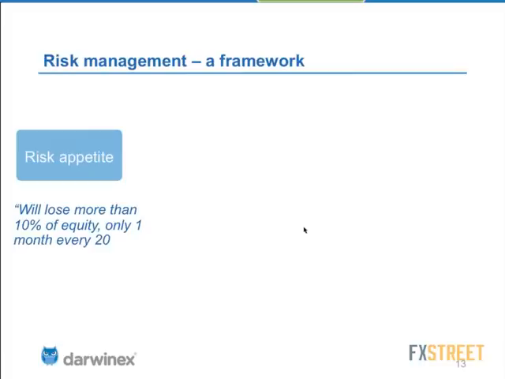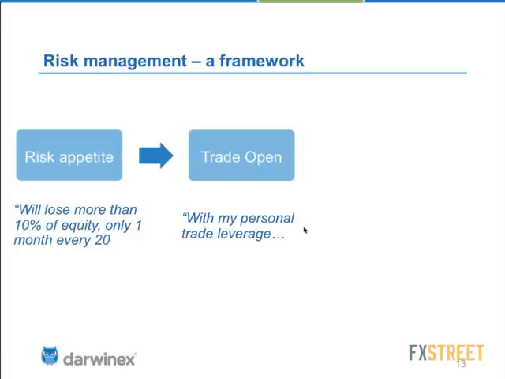So to summarize, what is the framework? Well, the first step is to ask yourself how much risk you actually want to take. Let's say you say, well, my risk appetite is I don't want to lose more than 10% of my equity more often than 1 month every 20. Given this is my risk appetite, and given the way I trade, how often I place my trades and how long I keep them open, I will have a strategy to open my trades with my personal trade leverage.